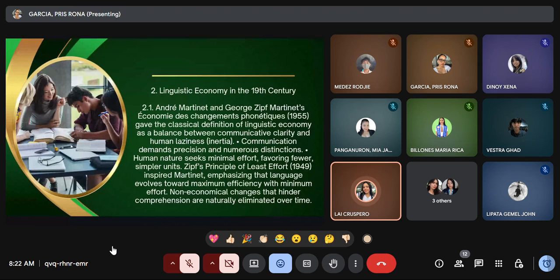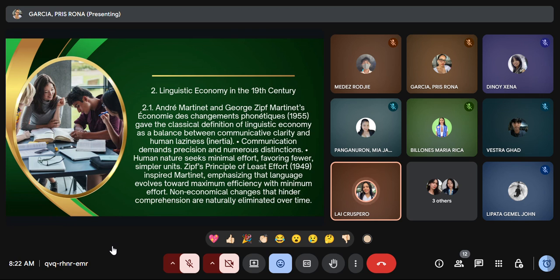So according to Zipf's key role of 1949, language always moves toward being as efficient as possible because it uses the least amount of effort for the speaker while still making sense to the listener. That's why any language features that cause unnecessary effort for the speaker or are too complex to understand will naturally disappear over time.